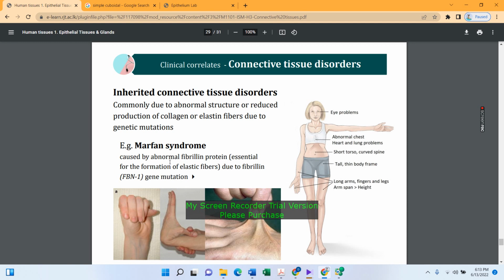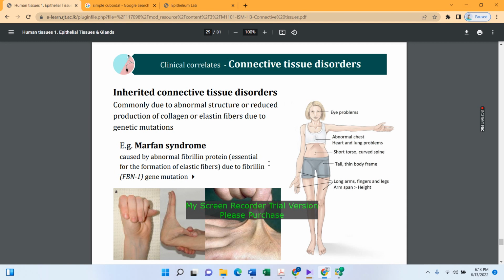Marfan syndrome is caused by an abnormal fibrillin protein, which is essential for the formation of elastic fibers. There's a mutation in the gene called fibrillin 1, FBN1, so there's an abnormality in the formation of fibrillin protein.